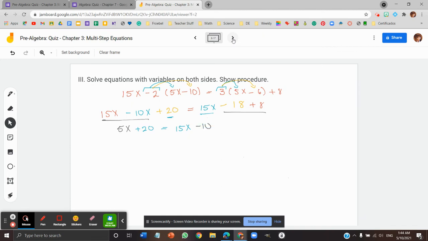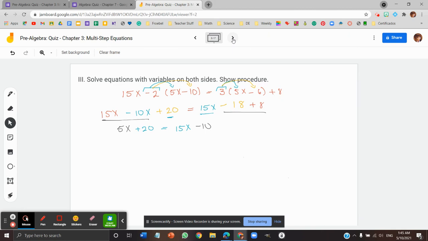Now I can continue solving, right? Now I have two terms on each side of my equation. How do I solve it? Well, the first thing I want to do is take away that term that is near my x, so I can look for what x is. So I'm going to undo the equation.